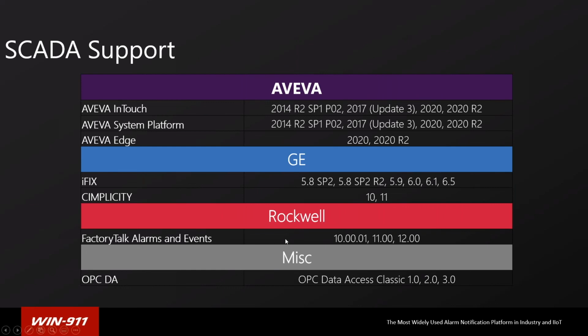We do have previous versions of WIN-911. If you need support for some of the older SCADAs, we can still support that with previous versions. And those previous versions are available for download on our website under the support tab and the software download section.